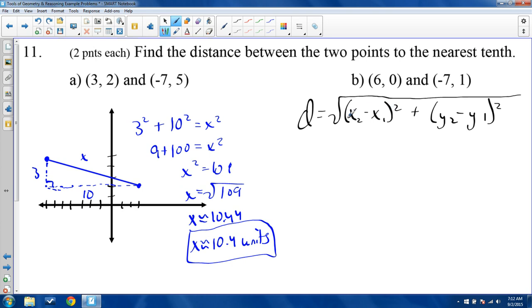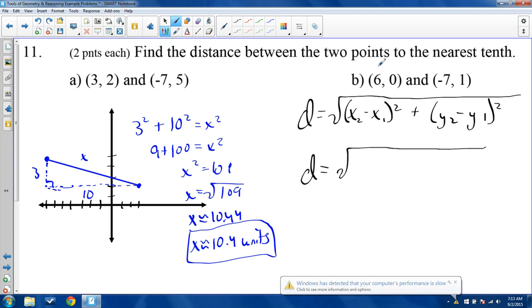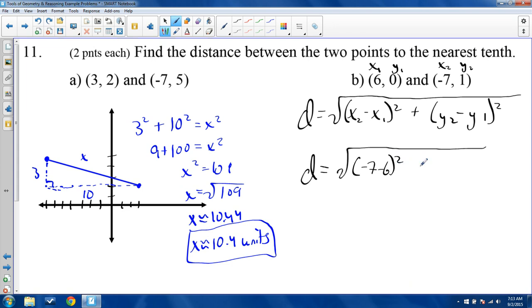But the idea is you find the distance between your two x values and the distance between your two y values. And the only way to find them is through subtraction. Even if some of them are negative, that will actually increase your distance when you subtract. So here, I'm going to call this x1, y1, and this x2, y2. We're going to get negative 7 minus 6 quantity squared plus 1 minus 0 quantity squared.